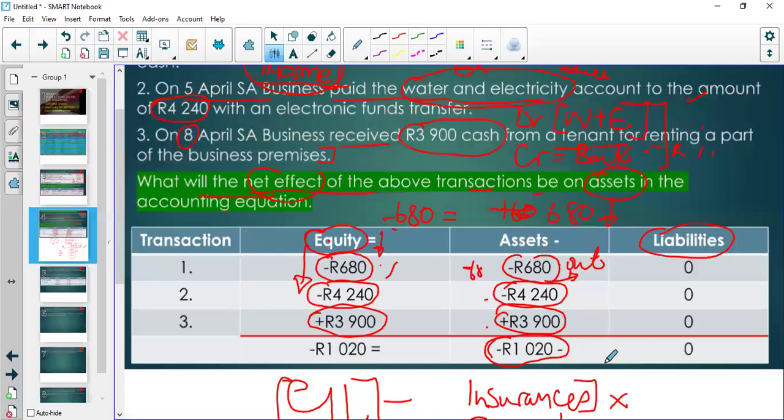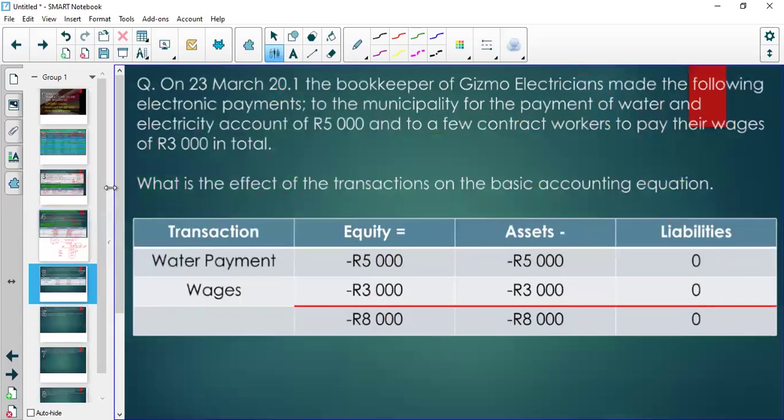So in this case, you would put in a minus 1,020 as the net effect on your assets. I hope that makes sense. If you struggle, you can access this again later on YouTube. You can also access other recordings that were recorded prior to this one, so you can benefit yourself.